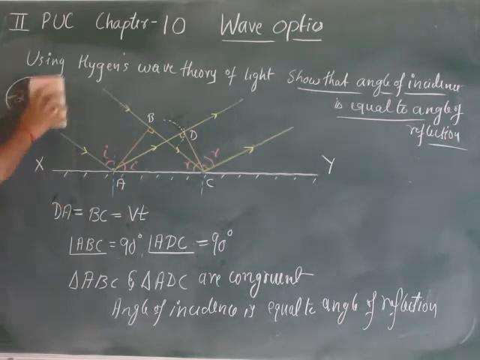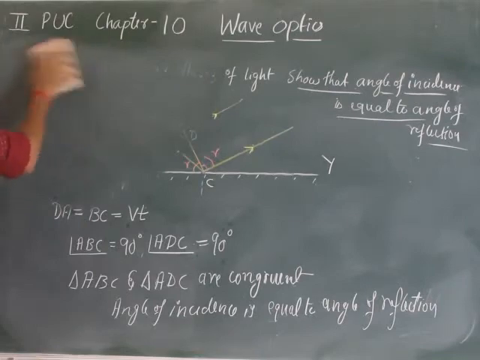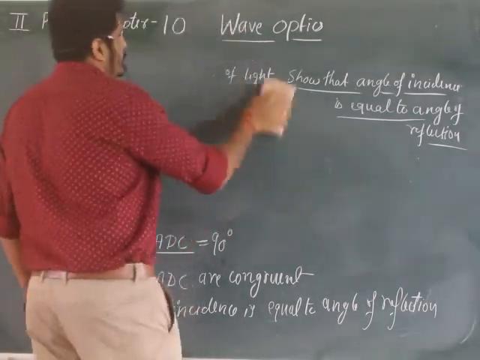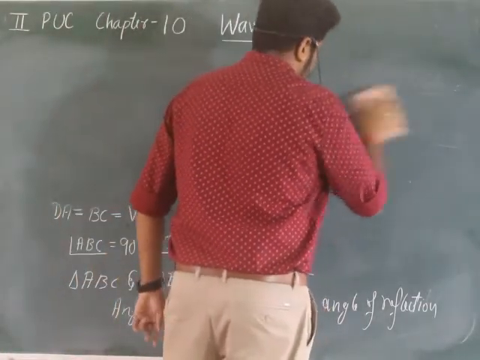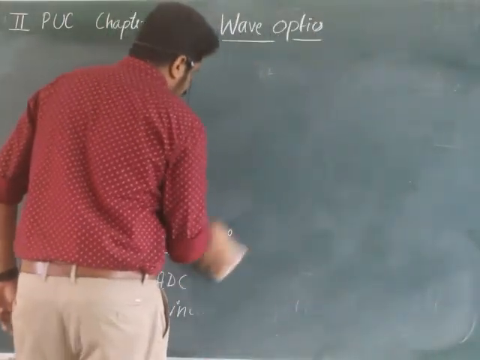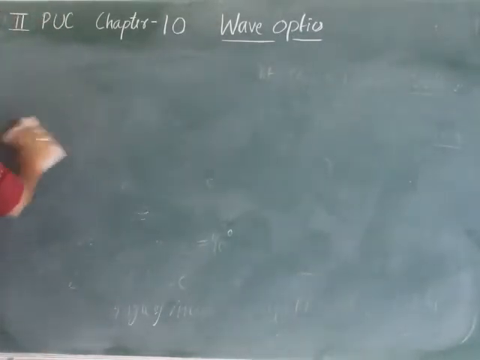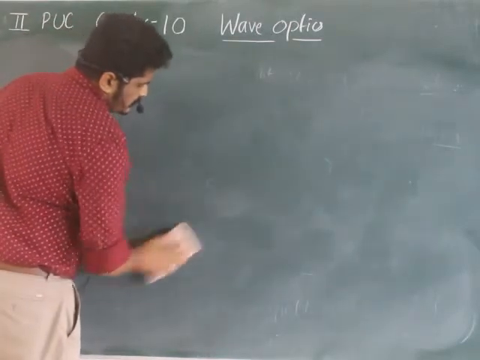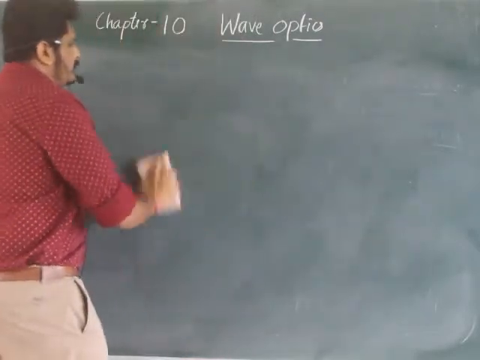So I will erase this. Next, we have proved, right? That means Huygens principle is acceptable to a certain extent. It is actually able to prove Snell's law. Along with that, it is also able to prove the law of reflection. So next we will be using some optical medium and make the plane wavefront of light incident on that.